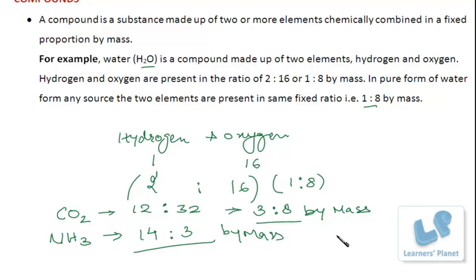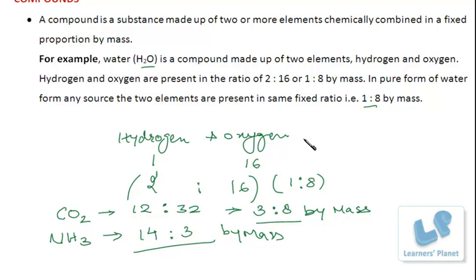Now, this ratio will remain the same irrespective of the source. Say water, you can take water from anywhere. The ratio of hydrogen to oxygen by mass will be 1:8 only. So this is how compounds are formed, that is by the combination of elements in fixed ratio by mass.